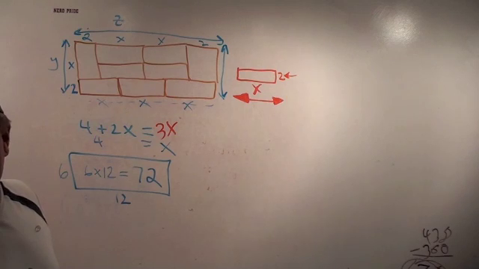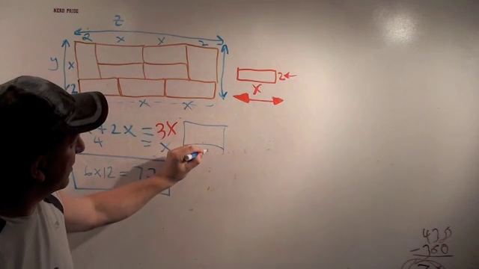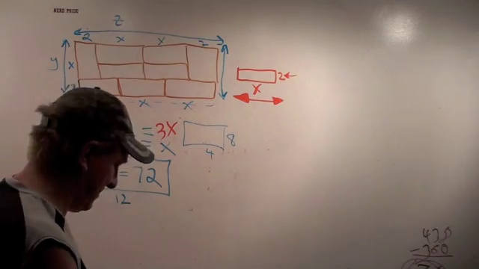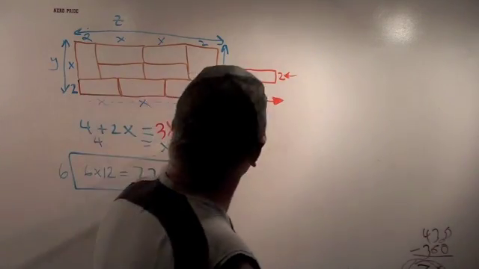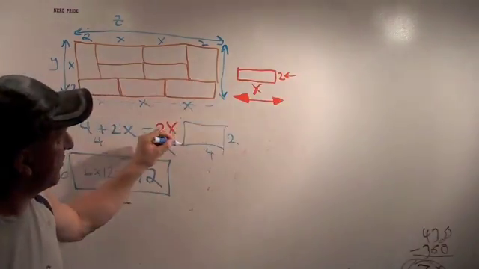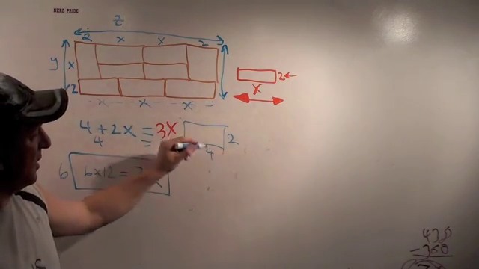Now, one other thing real quick. When x equals 4, our small bricks have sides 4 and 2. Okay, so what's the area of our small rectangles? 4 times 2 is 8.